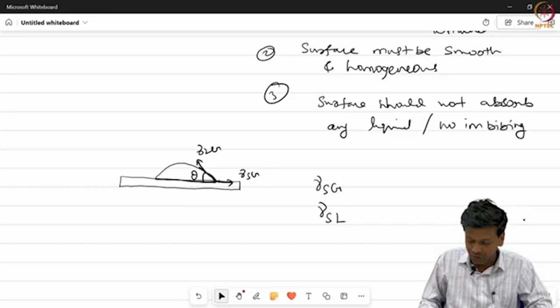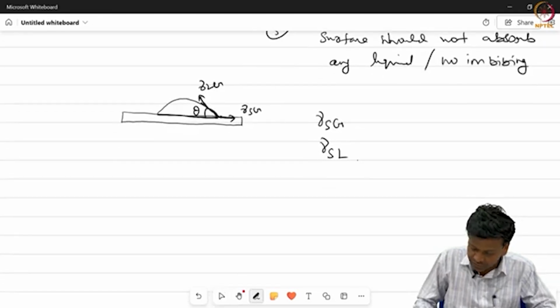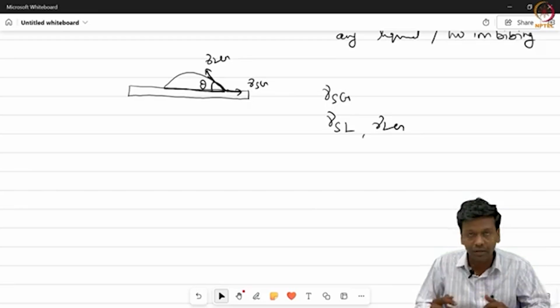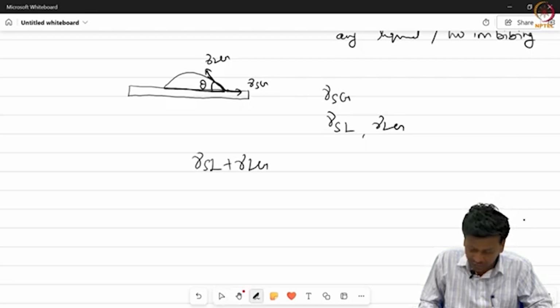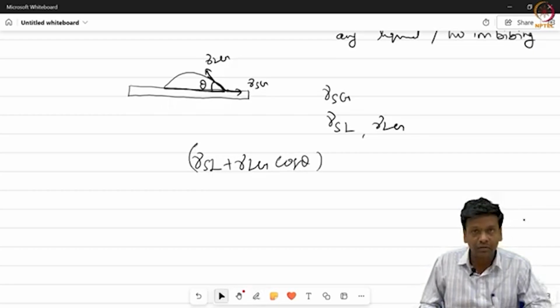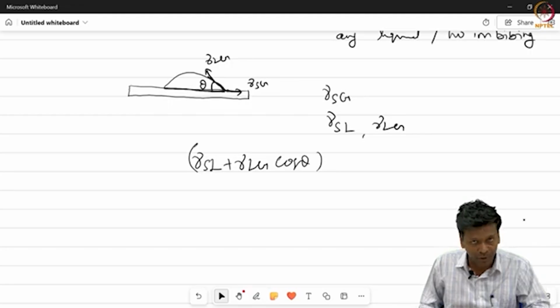Okay. So if you look at this equation, when we spread a droplet, the components gamma SL plus gamma LG cos theta ensure that the droplet is spreading.